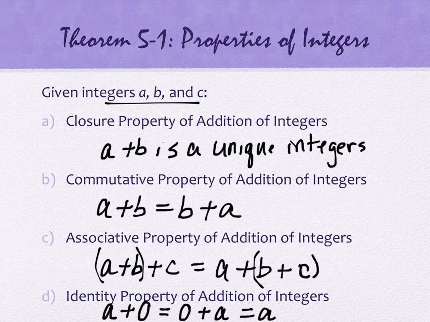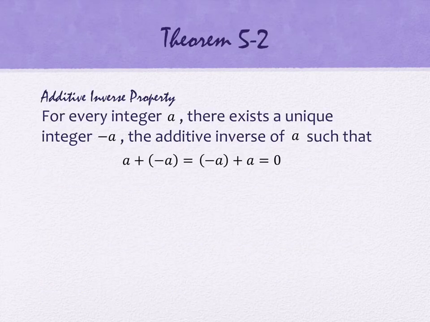Okay, is everyone good with that one? Can we get a new property with integers that we never had before? Here's the property, theorem 5.2. Additive inverse property says, for every integer a, there exists a unique integer negative a. It's called the additive inverse.